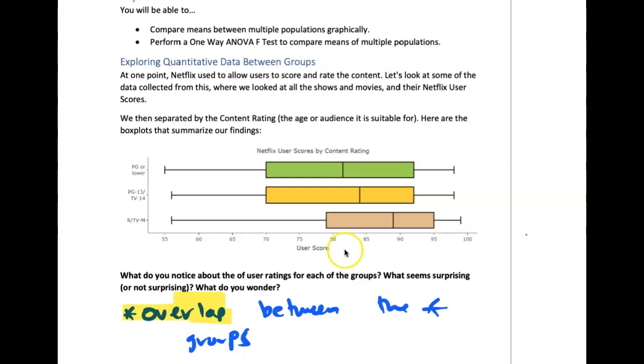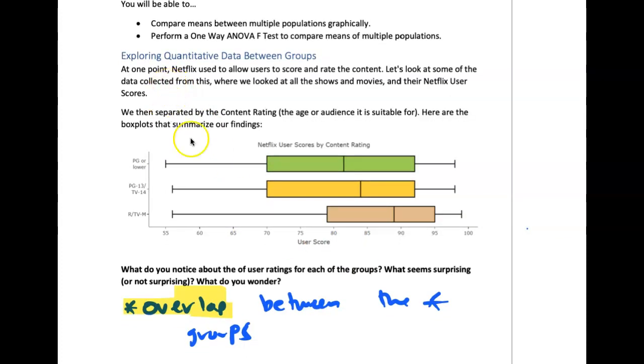For example, in this picture, through exploring quantitative data, we'll see the ratings different movies got: PG or lower, PG-13, TV-14, or rated R or mature. So we're comparing more than two groups and a quantitative variable, right?